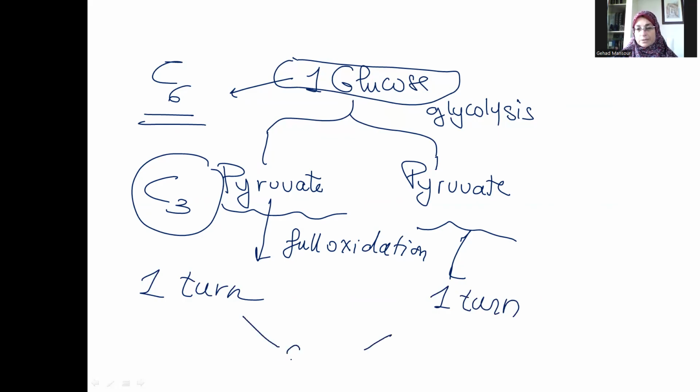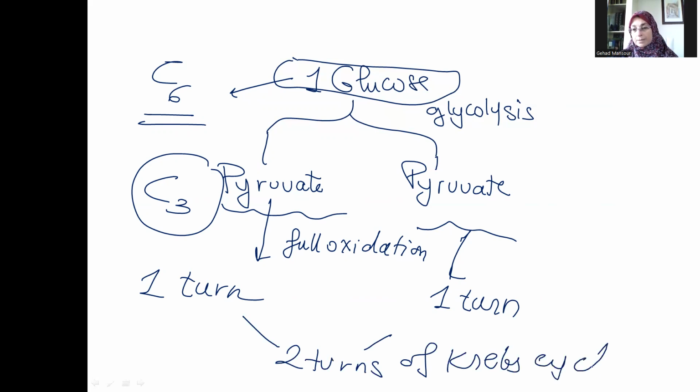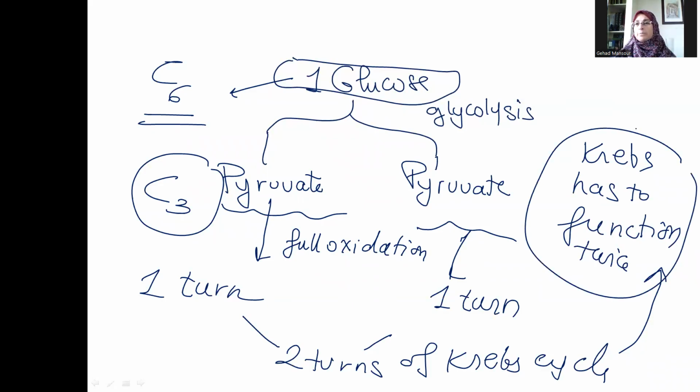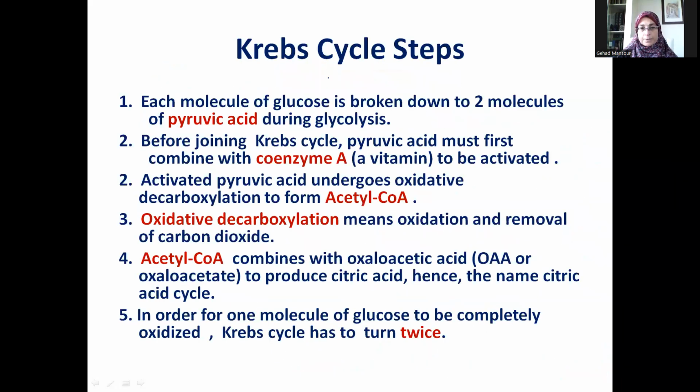So finally, we need 2 turns of Krebs cycle, meaning that Krebs cycle has to function twice in order for complete oxidation of a glucose molecule to occur. And what do we mean by complete oxidation? Complete extraction of the energy from the glucose molecule.